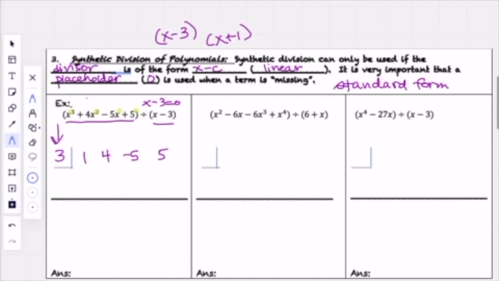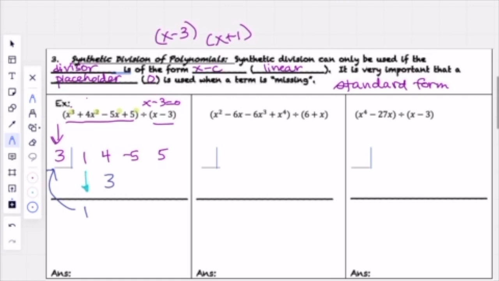Now the process: we're going to take the first term and just bring it down. Once we have the first term down, we're going to multiply that first term by the number in the box. That product will be 3.